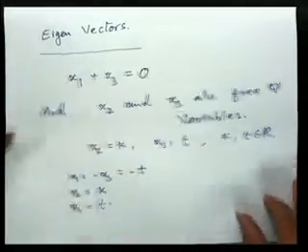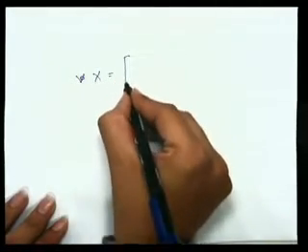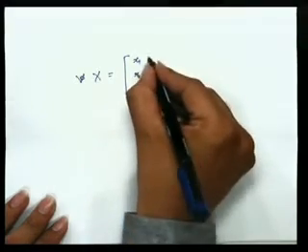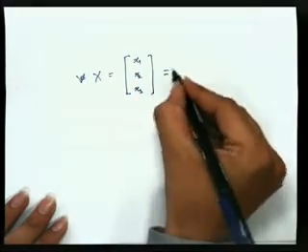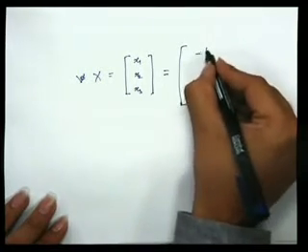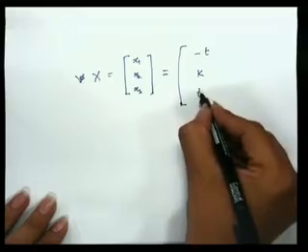Therefore the eigenvector, say x, with components x1 x2 x3, is x1 is minus t, x2 is k and x3 is t.